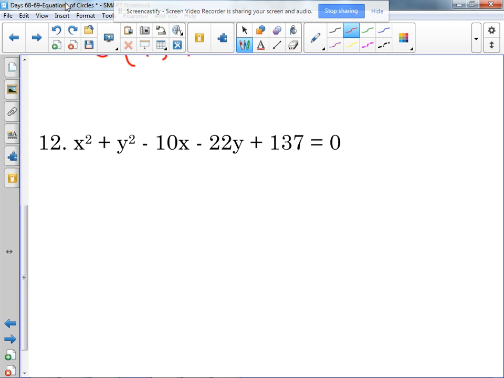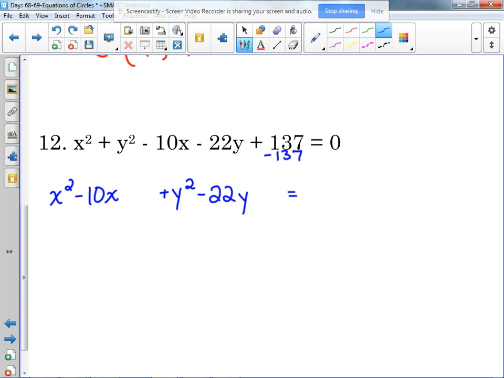So number 12, x squared plus y squared minus 10x minus 22y plus 137 equals 0. So pair your x terms together, x squared minus 10x, leave a space. Pair your y terms together, y squared minus 22y, leave a space.